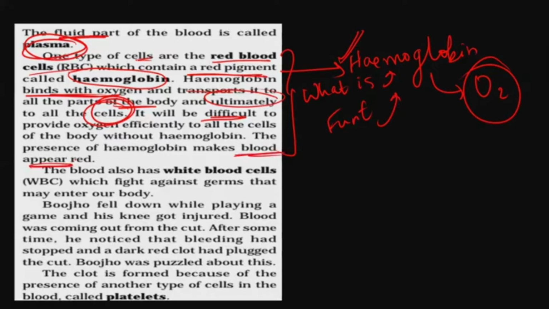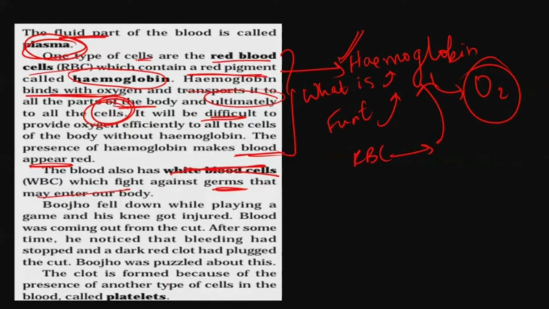Now, another formed element, that is white blood cells. So RBCs have hemoglobin. The WBCs, that is white blood cells, don't have hemoglobin, and so they are white. They are responsible for immunity, that is, fighting against germs that enter our body. So they fight against the germs, diseases, pathogens, etc. that enter our body.